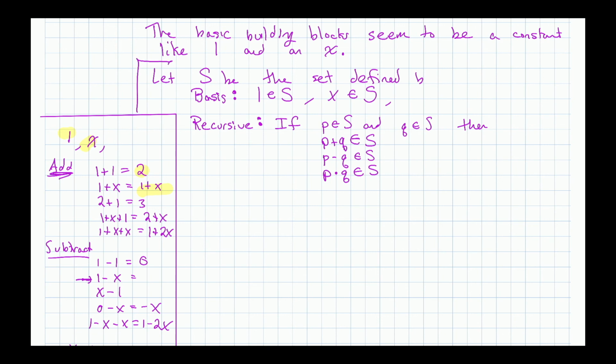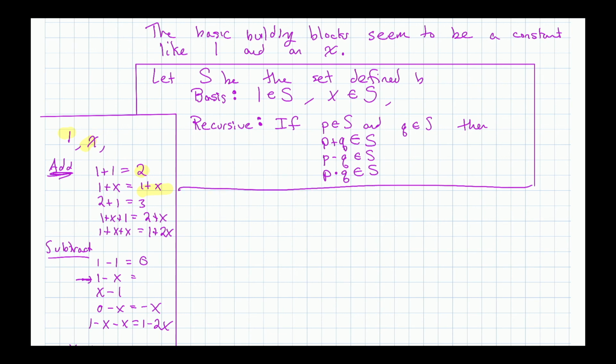That's not going to be able to make a straight line. So that is our definition. If you start with 1 and x and you're allowed to add, subtract, and multiply things in S to get new things in S, then you should be able to make all integer coefficients.